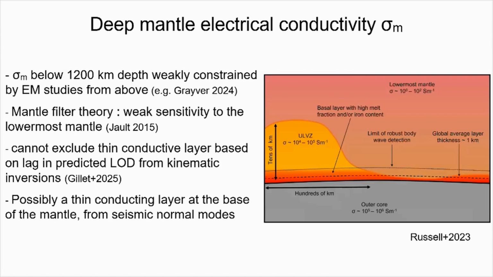There are further ambiguities because the mantle will filter the high frequency signal, and we cannot exclude a strong conductivity here when using kinematic models like core flow inversion, as we do. For this, we need a dynamical model that really couples the physics of the core to the electrical current in the mantle.